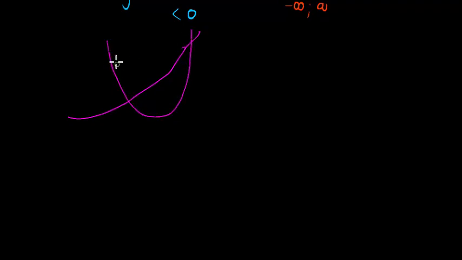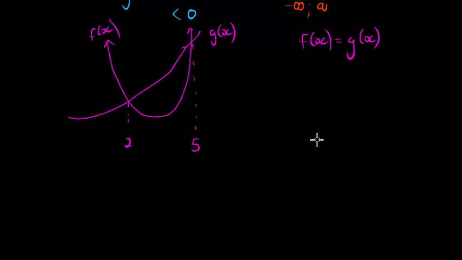let's say there's a parabola and an exponential function. This is f(x), and let's say that's the point x is equal to 2, and this is g(x), this is the point x is equal to 5. Then f(x) equal to g(x), what's the answer?